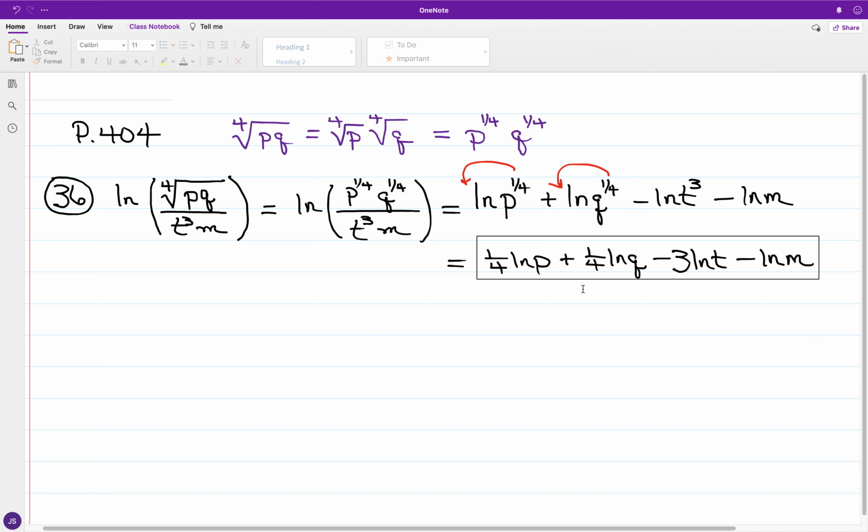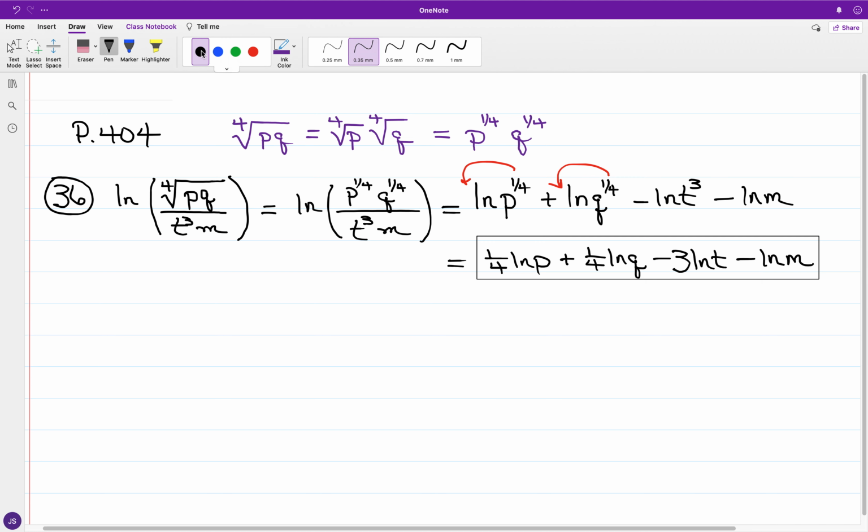So everything has been separated, and all the exponents have been converted to coefficients.